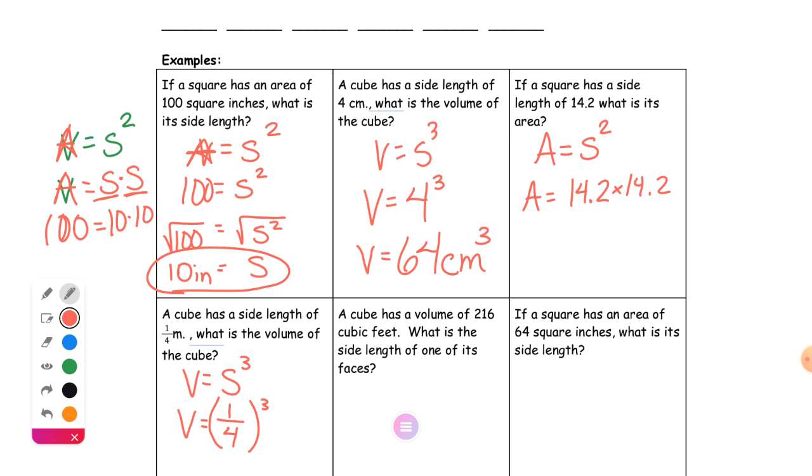It's okay. I'll just squeeze it down here. V equals 1/4 times 1/4 times 1/4. That's cubing 1/4. Now we just do 1 times 1 times 1 is? 1. 4 times 4 times 4? 64. So my answer is 1/64 meters cubed.